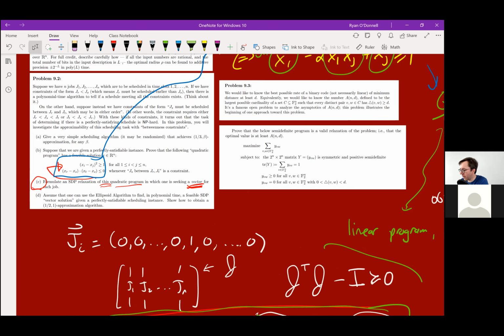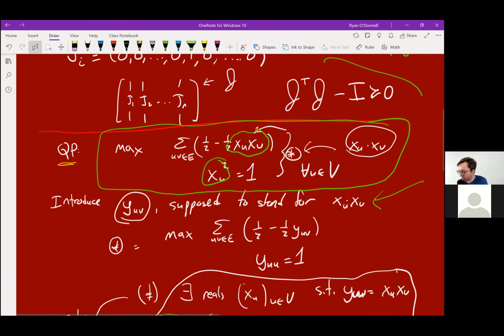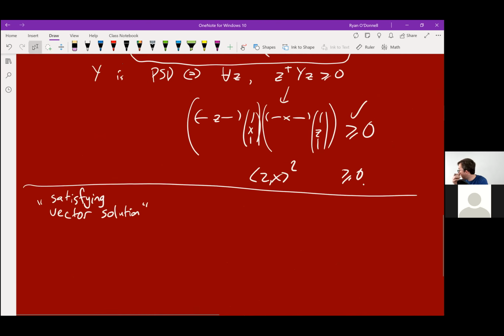Okay, but what properties do you know these vectors satisfy?